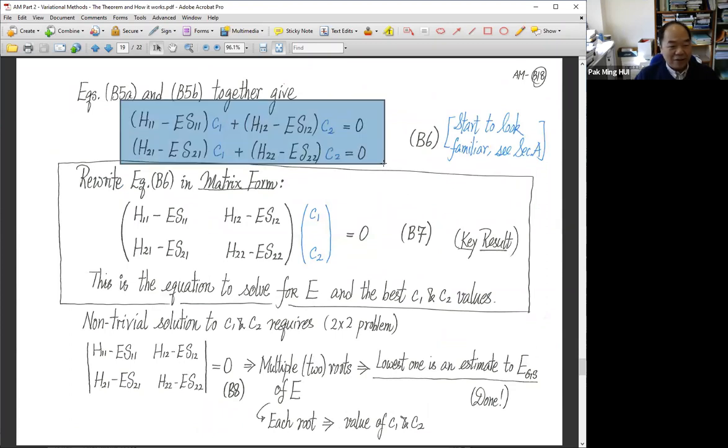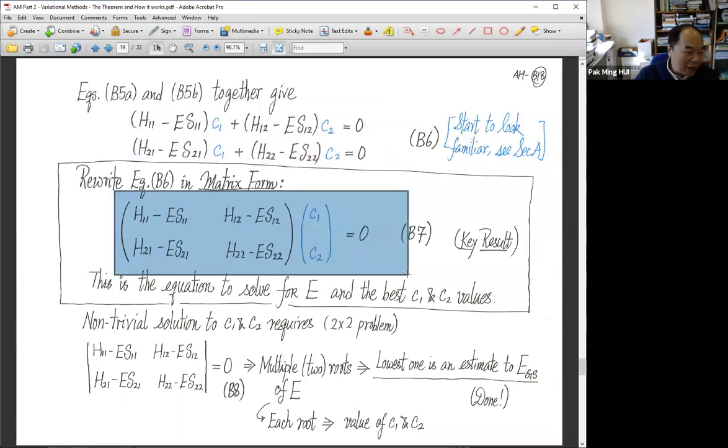It is just like that. And now if we write it into matrix form, doesn't it look familiar? Look at the matrix element. It is Hij minus ESij.